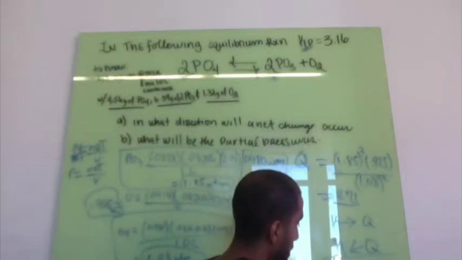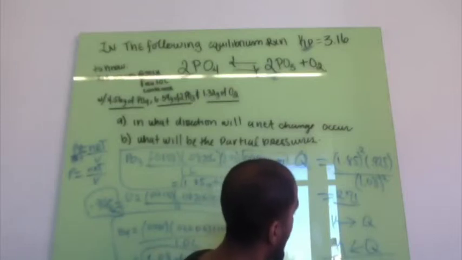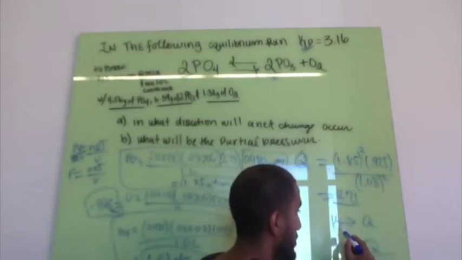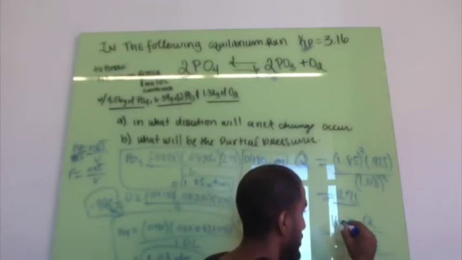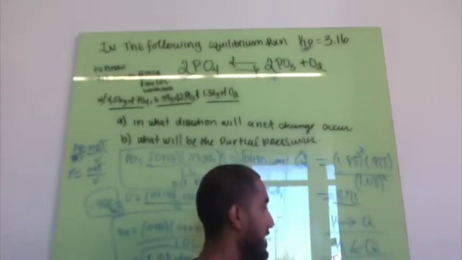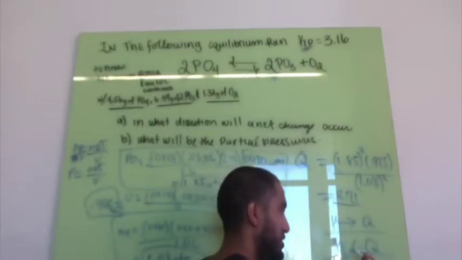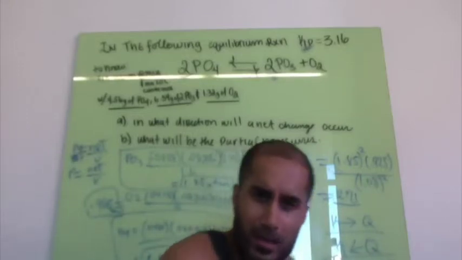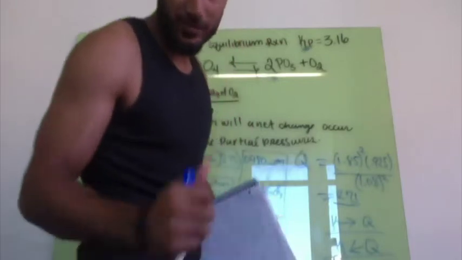So our Kp is greater than our Q, which means the reaction will be moving forward. And if K was less than Q, the reaction would go in reverse. And that concludes it for this problem.